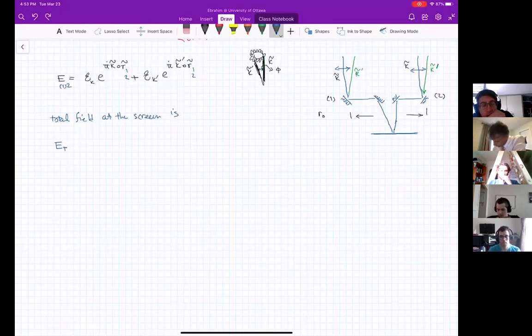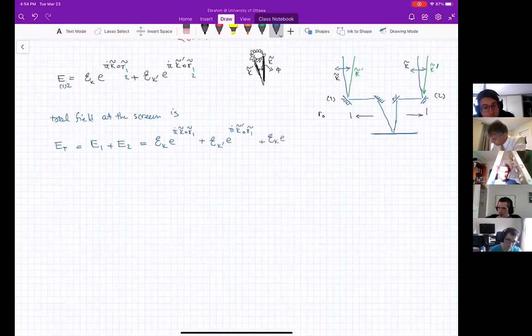Okay, so the total field is given by the E field at 1 plus the E field at 2, which essentially will be E_K e^{i K·r_1} plus E_K' e^{i K'·r_1} plus E_K e^{i K·r_2} plus E_K' e^{i K'·r_2}.